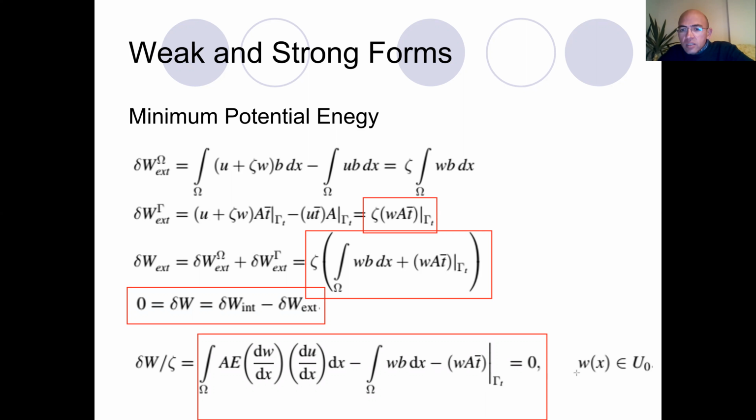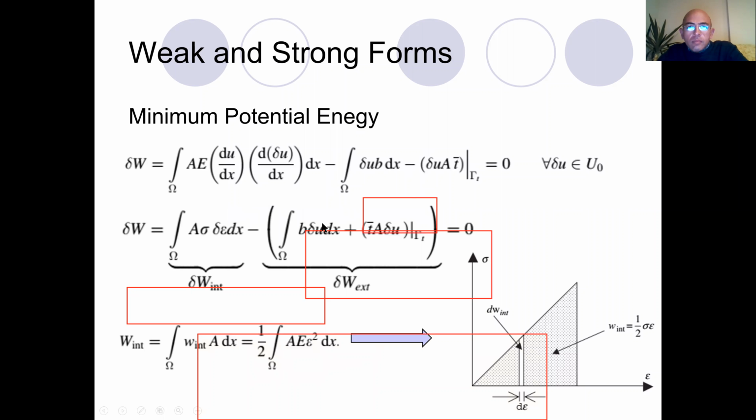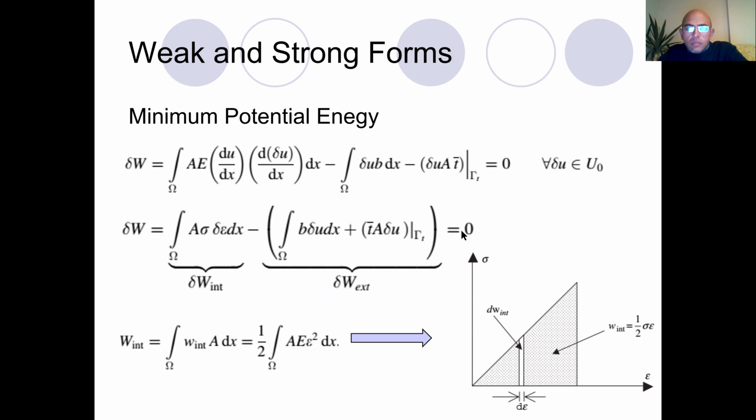Of course, again, w(x) is a member of U0(x), which means that w(x) has to be 0 on the prescribed boundaries, or in other words, Dirichlet boundaries. Okay, so this is the minimum potential energy concept.